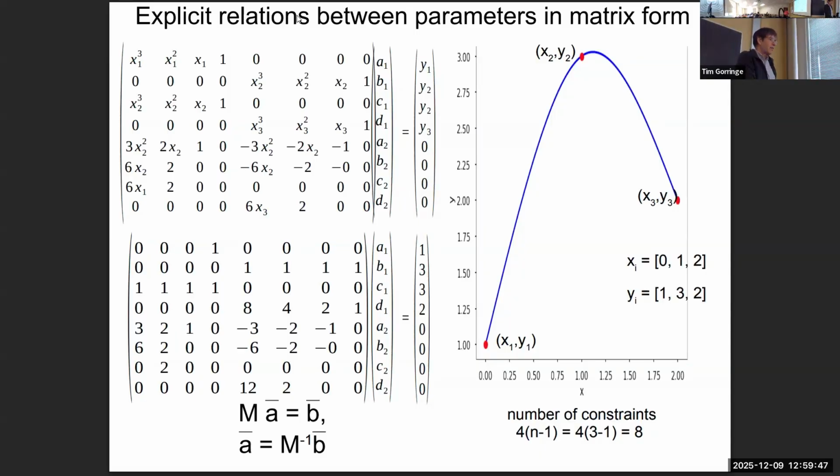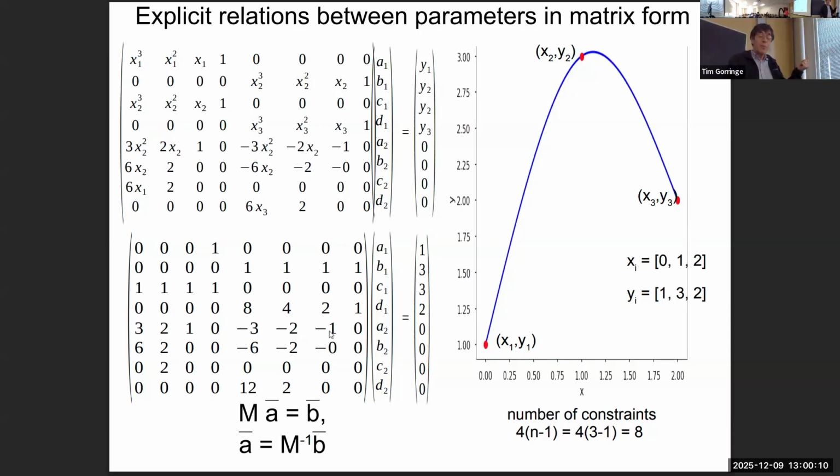And upstairs here, I've just written it more generally in terms of the x1, x2, x3 values of the independent variable, and y1, y2, y3 values of the dependent variable. And then downstairs here, I filled in the values that we know, right?